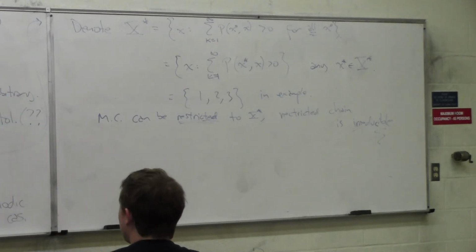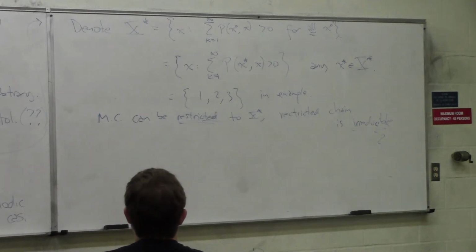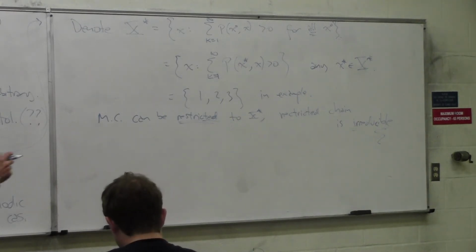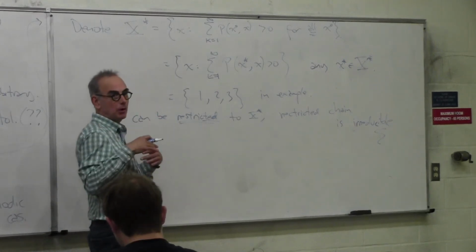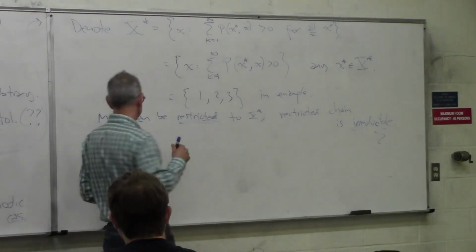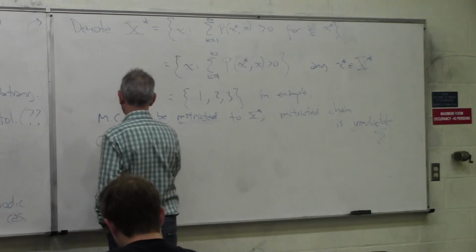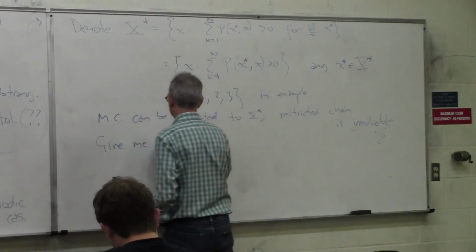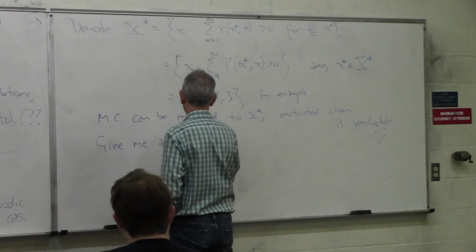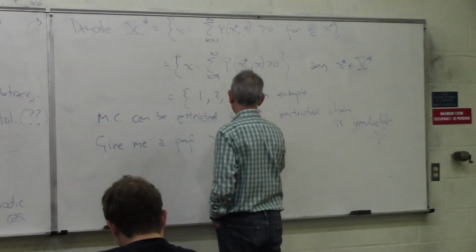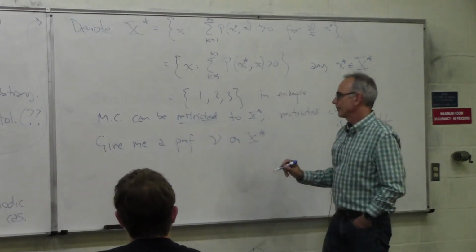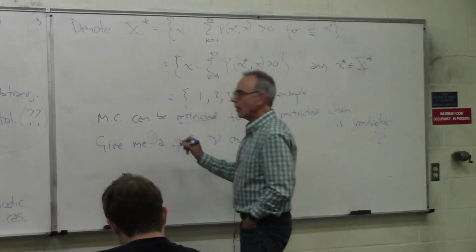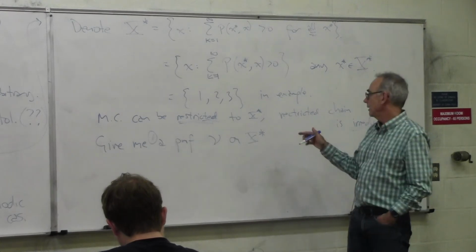All right. So what I'm going to do is go through a very careful construction. You give me a probability mass function on X star. First of all, I want a probability mass function on this set.